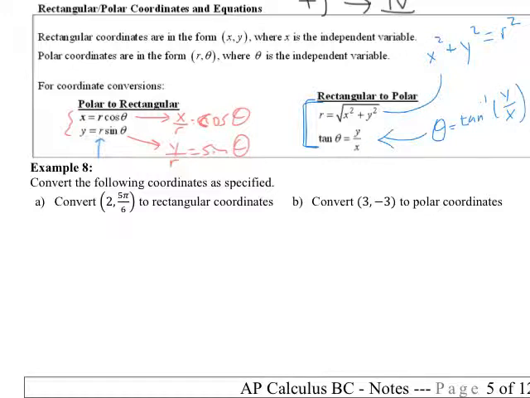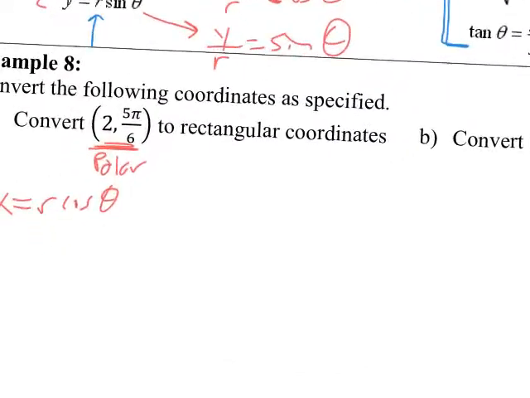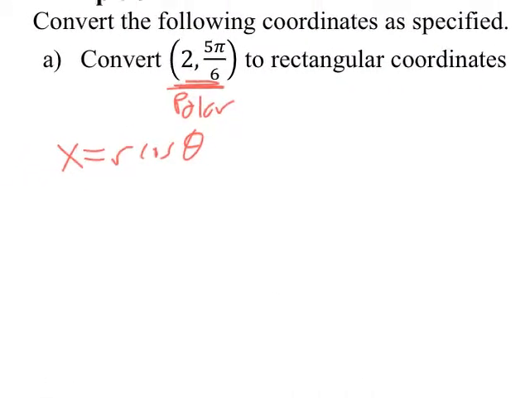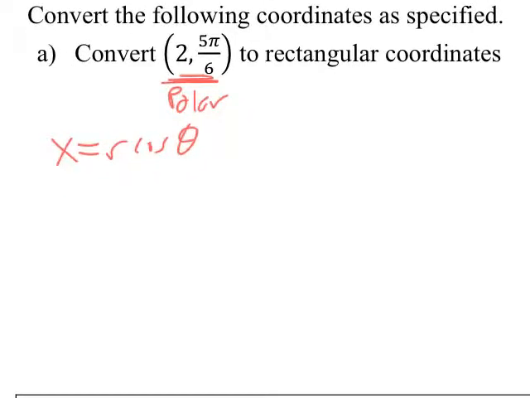We have a polar coordinate. This is polar, and we want to go to rectangular. So the way we do that is we state that x is equal to r cosine theta, or I'm going to zoom in here so we can see this better, or x is equal to, in this case, 2 cosine of 5 pi over 6.